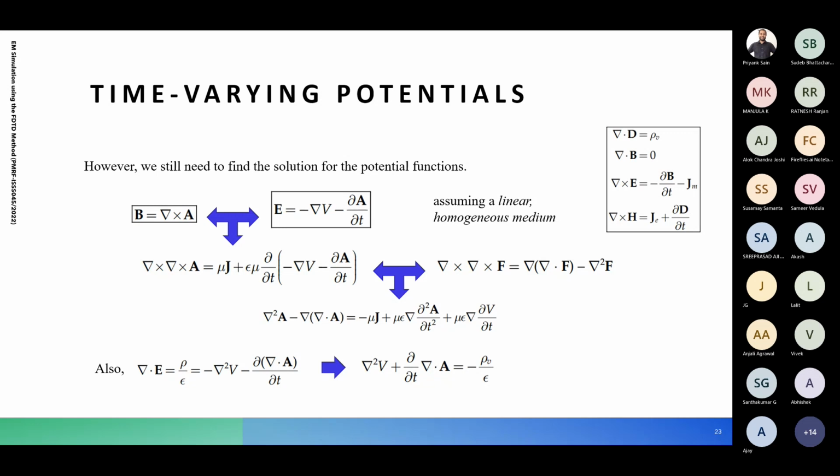If we put the divergence of E over here from this particular equation and compare both equations, we can write this wave equation in terms of V and A. So we have completely eliminated E and B and all the electric and magnetic field terms. These equations might seem very complex, but you don't have to worry about them. They'll get simpler in the next slide.